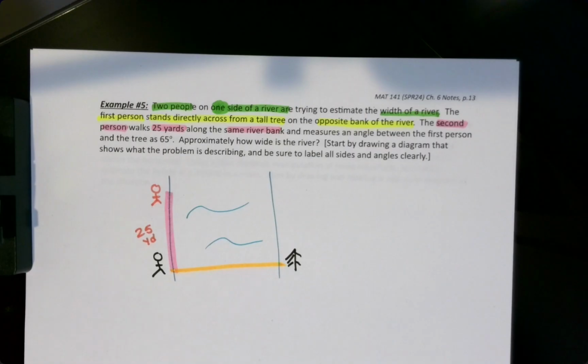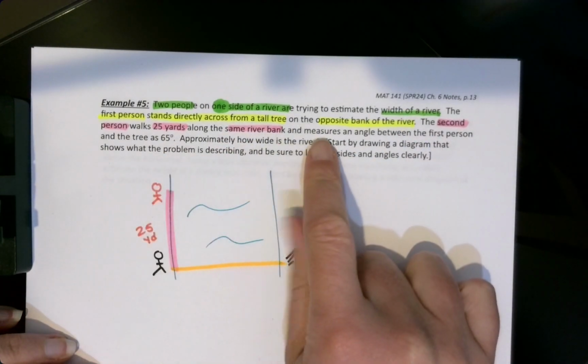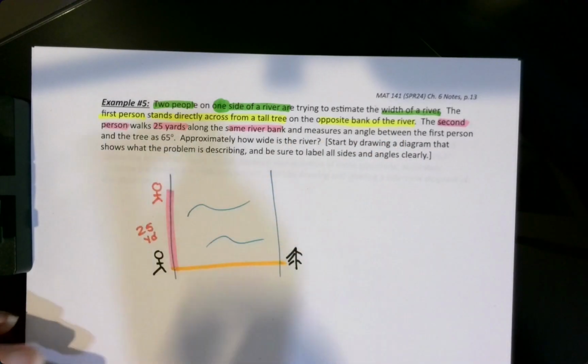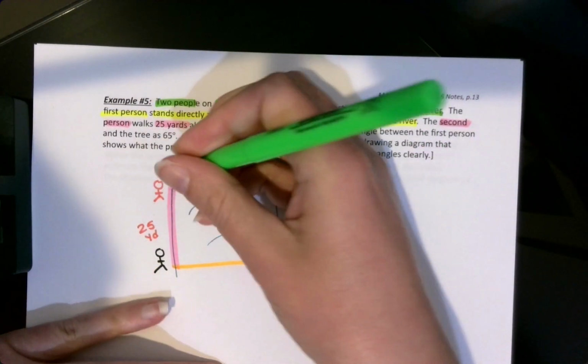Okay. And then that second person measures the angle between the first person and the tree as about 65 degrees. So let me draw in the other part of my triangle right here.